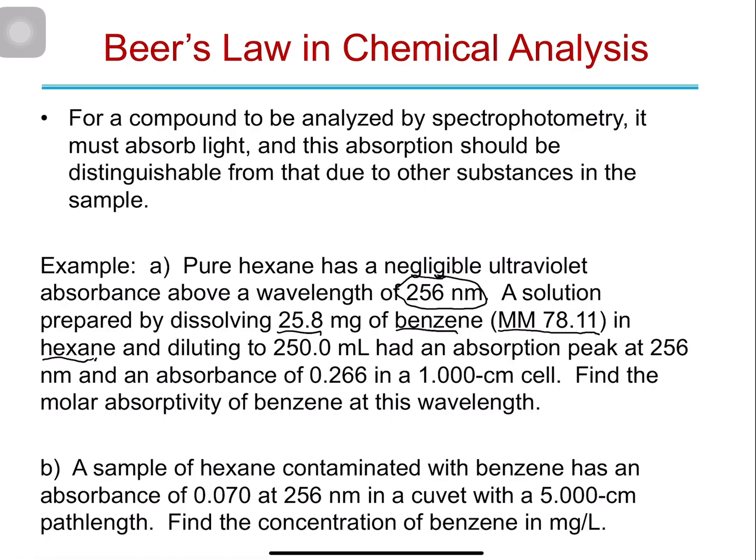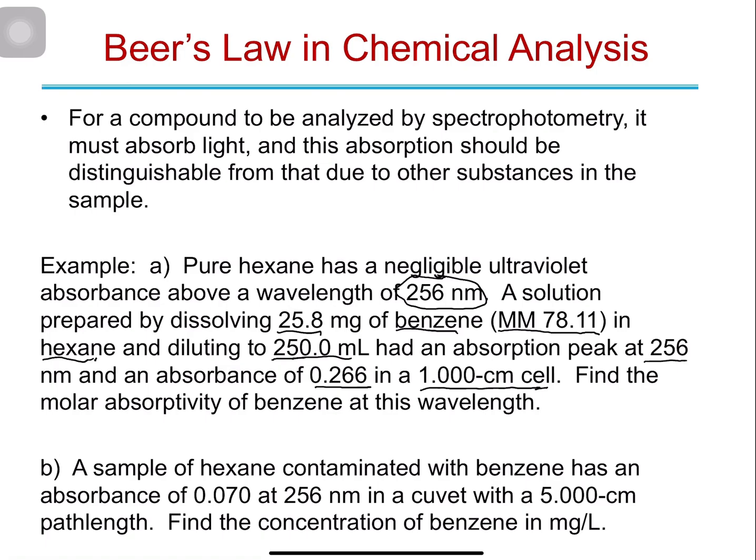We made this solution up to 250 ml, and we measured the absorbance at 256 nanometer. The absorbance that we got was 0.266. This was in a 1 centimeter cell, so the path length here was 1 centimeter. We need to find the molar absorptivity of benzene at this wavelength.